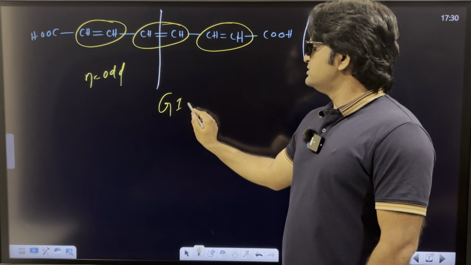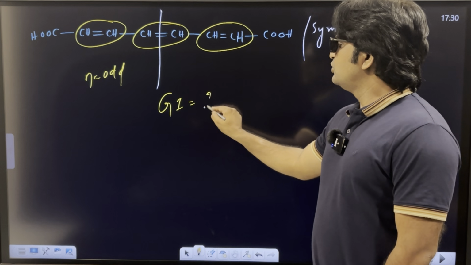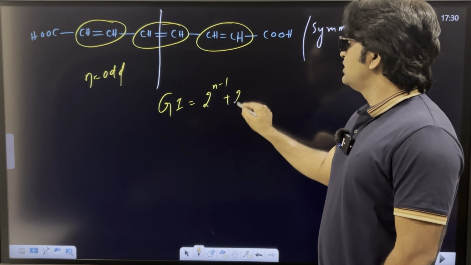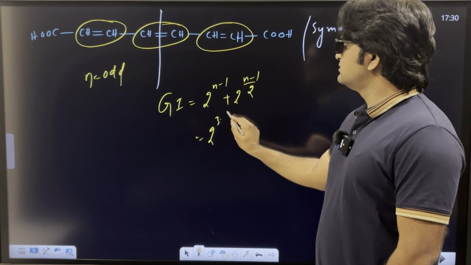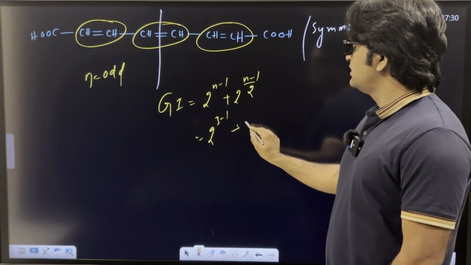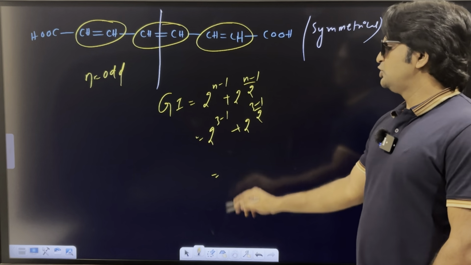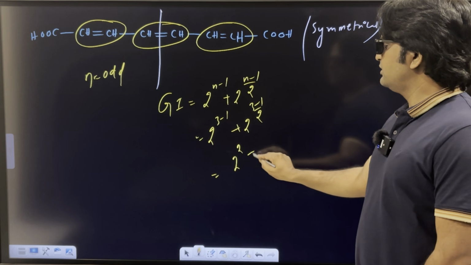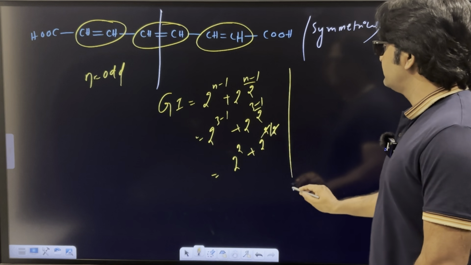Number of geometrical isomers equals, how are we applying that formula? 2 to the power of n minus 1 plus 2 to the power of n minus 1 by 2. What is the number of segments? 3. So 2 to the power of 3 minus 1 plus 2 to the power of 3 minus 1 by 2. That is 2 square plus 2 power 2 by 2. These two get cancelled, right?